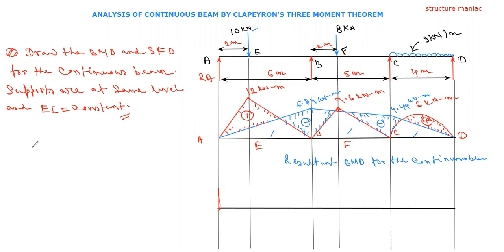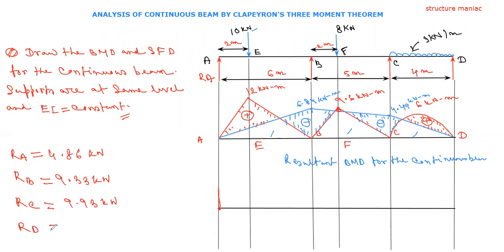Write the values: RA is 4.86 kilonewton, RB is 9.33 kilonewton, RC is 9.93 kilonewton, and RD is 4.88 kilonewton. So at point A the shear force is 4.86 kilonewton.